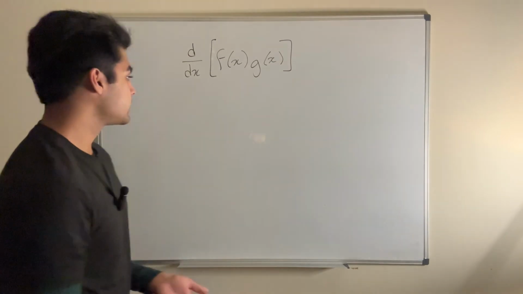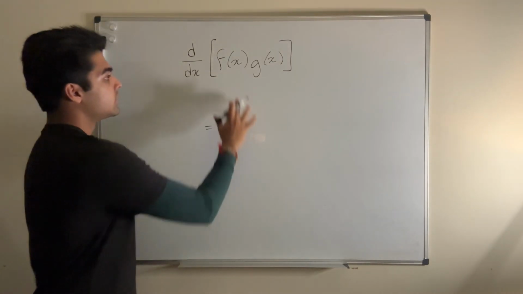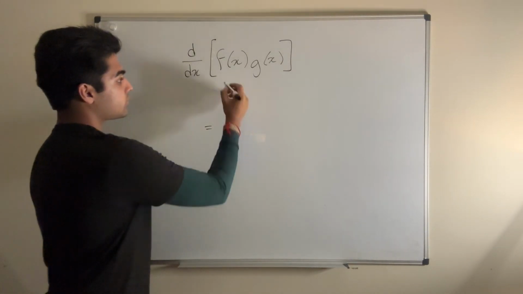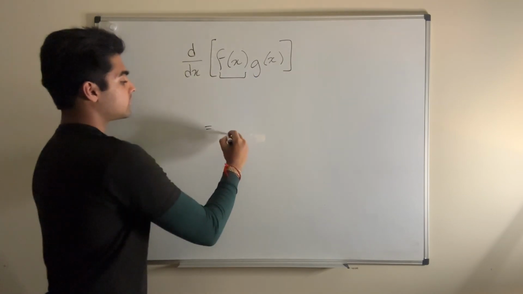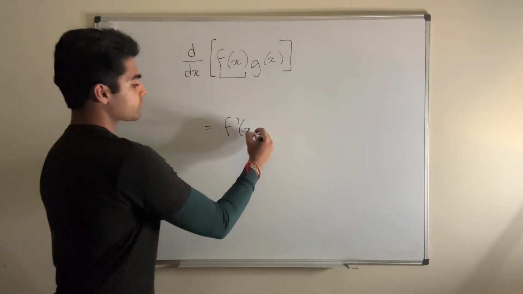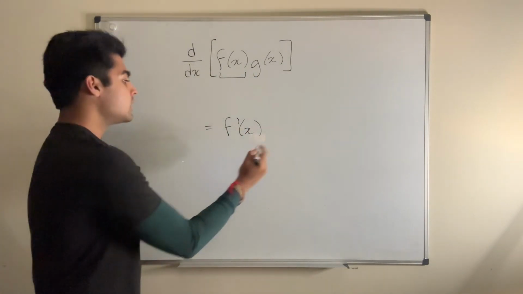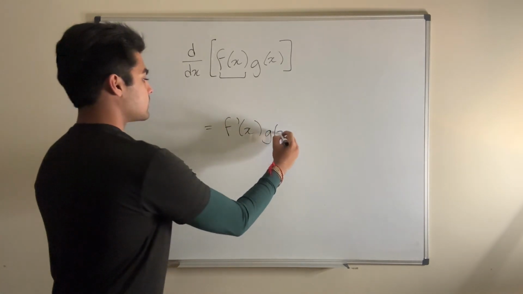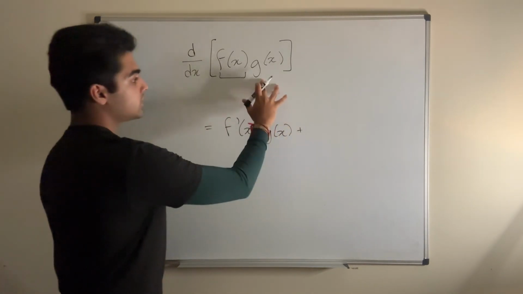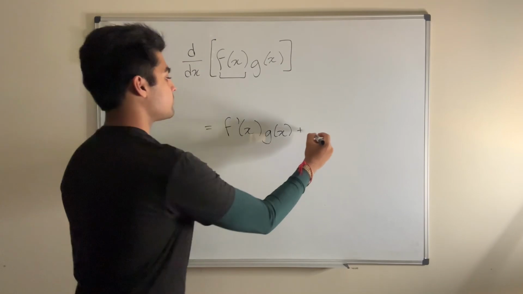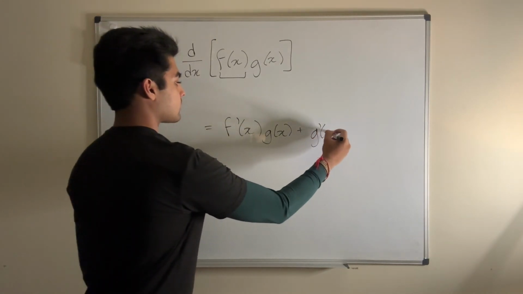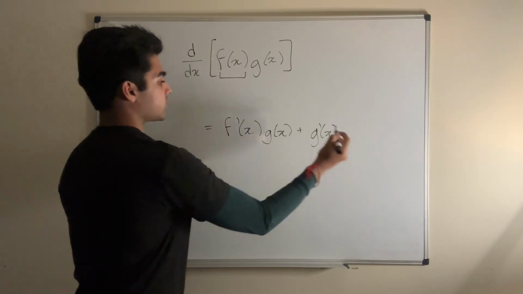But basically, the formula would be the derivative of the first function, so f prime of x, times the second function, plus the derivative of the second function this time, times the first function.